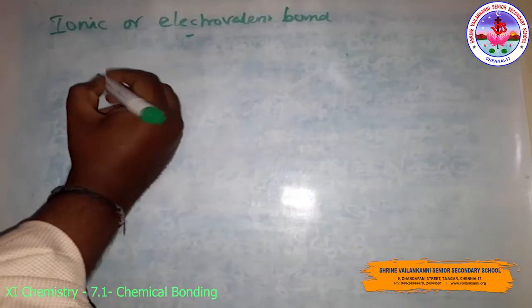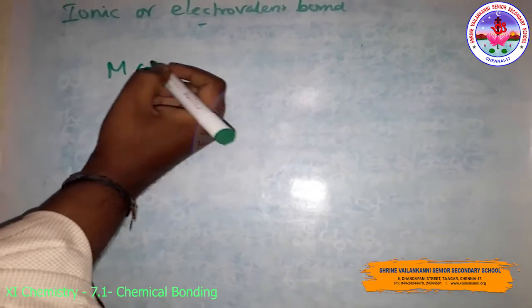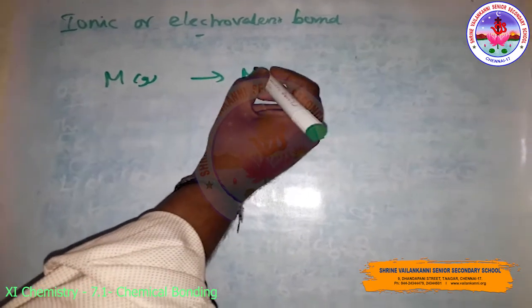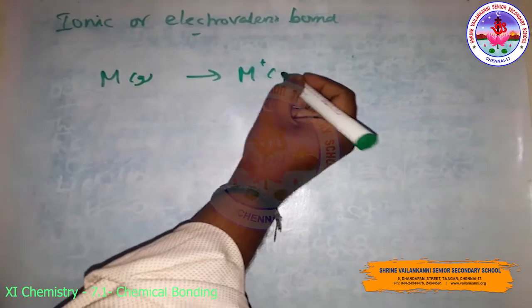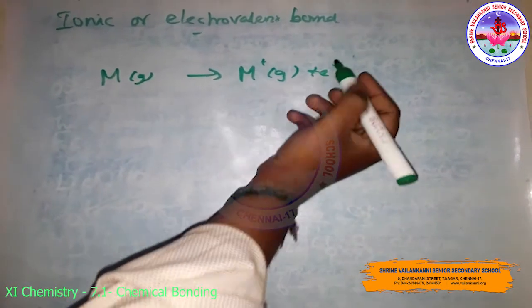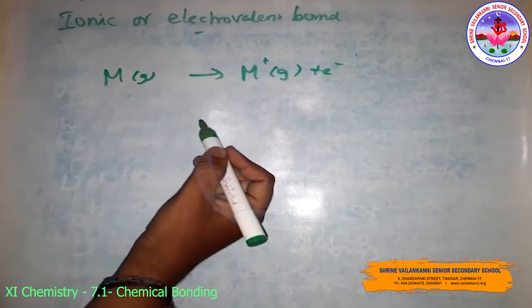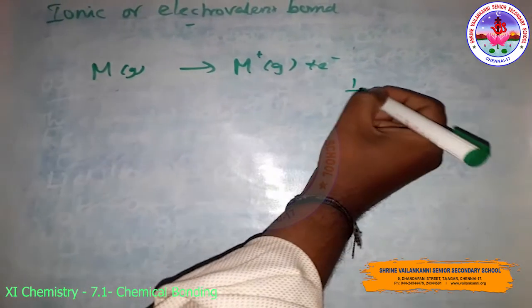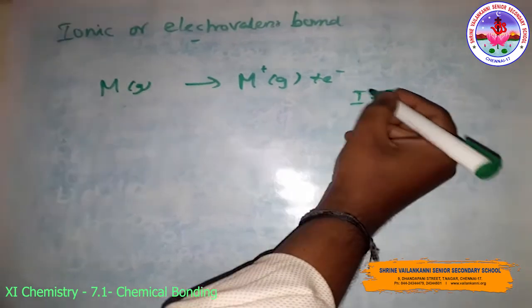For example, a metal gaseous atom gives M plus, that is oxidation, gas and 1 electron. This is the ionization enthalpy. So we can write ionization enthalpy for this first step.